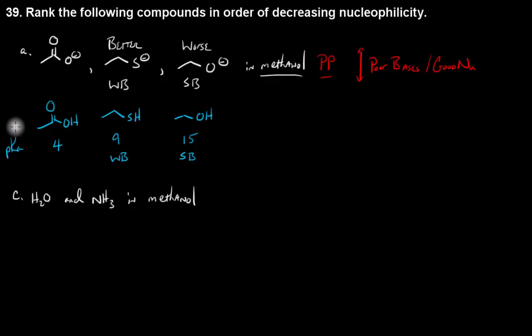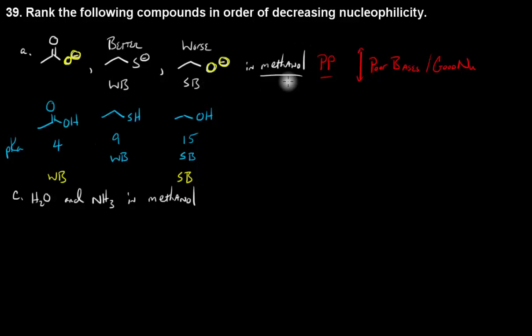Let's use a different color here, yellow. If we're comparing this one to this one, this is going to be the stronger acid, weaker base, and the ethanol is going to be the weaker acid, stronger base. In this case, when we're comparing this negatively charged oxygen to this negatively charged oxygen, we are not going vertically along the periodic table. We're going horizontally.